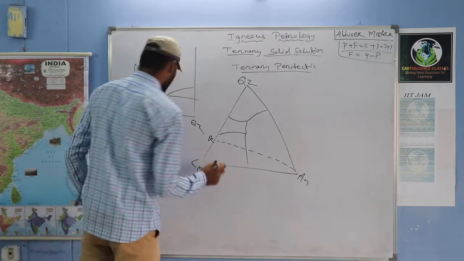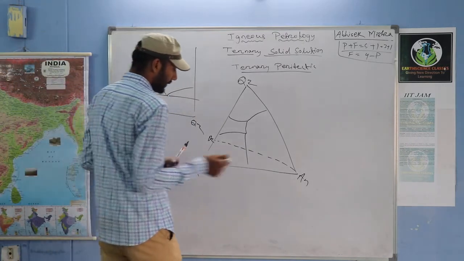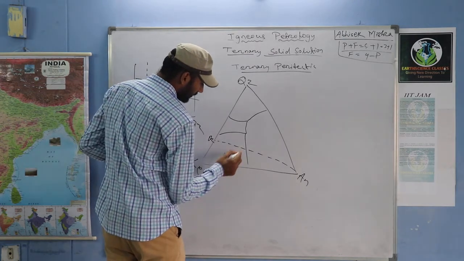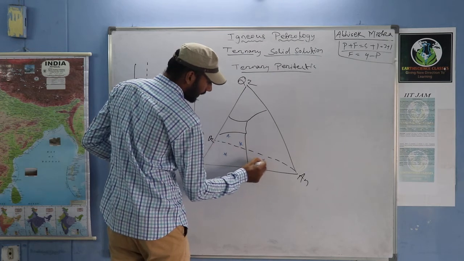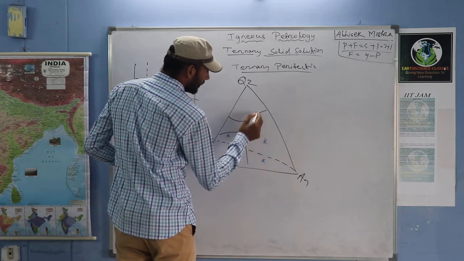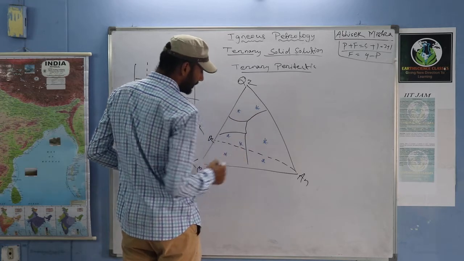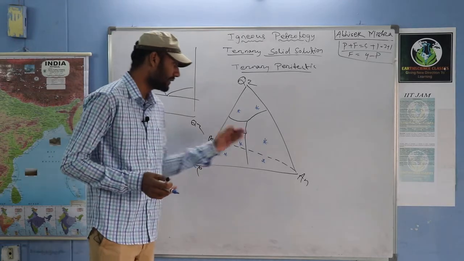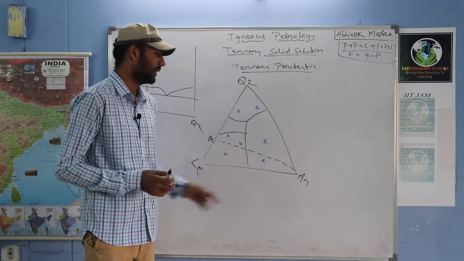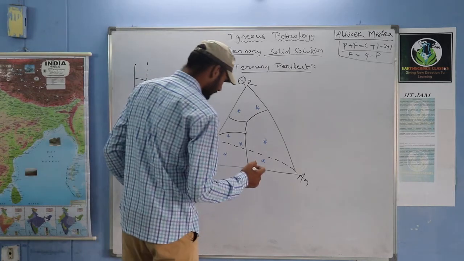I have taken so many points, like here, here, here, so I have described all these points. What are the crystallization behaviors for these points? Well, I left 2 of the points.